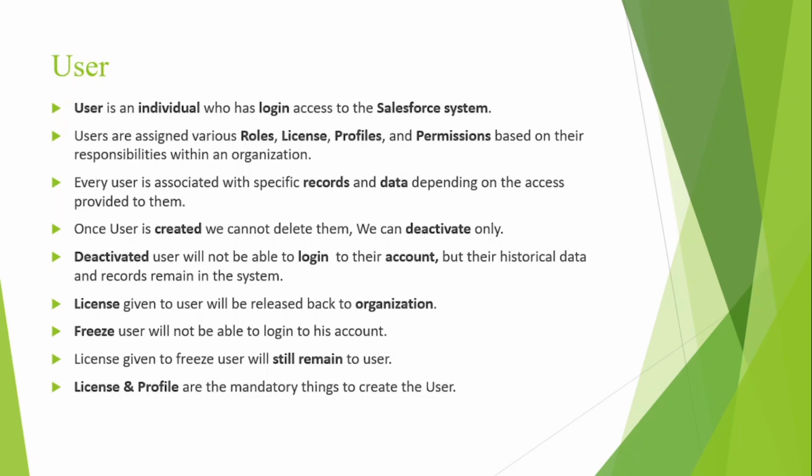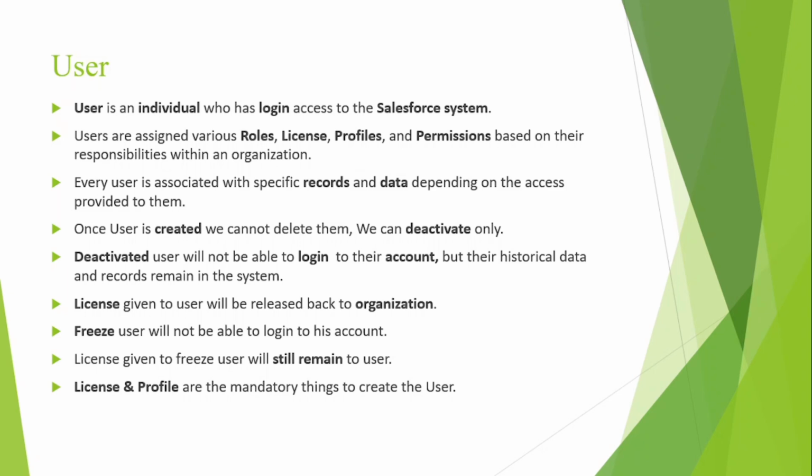So what are the things used in creating a user? That is roles. In the role hierarchy, where he or she is coming, that is going to be defined in the role. For a user, license is mandatory. Without license a user can't be created.